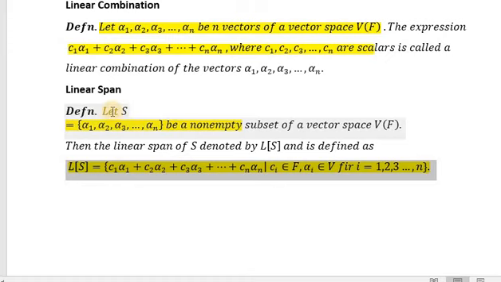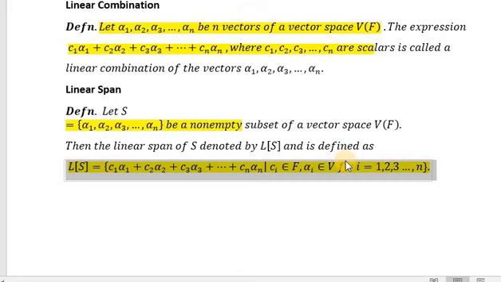So the definition: let S equal to alpha 1, alpha 2, alpha 3, so on alpha n be a non-empty subset of a vector space V over F, then the linear span of S is denoted by L of S and is defined as L of S equal to the set of C1 alpha 1 plus C2 alpha 2 plus C3 alpha 3, so on, plus Cn alpha n, where Ci belongs to F and alpha i belongs to V, for i equal to 1, 2, 3, so on n.